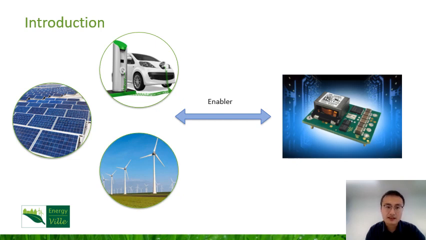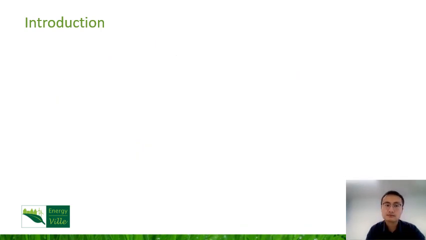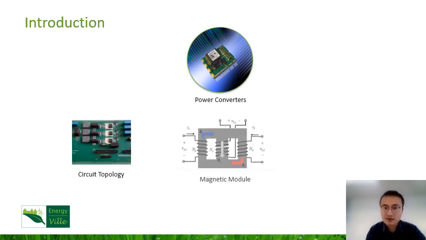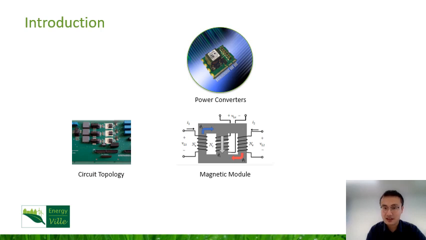However, on the other side, the new energy technologies give more strict requirements on power converter design, especially for its efficiency, its volume, or its mass. But in the meantime, in power converter design, there are many factors that affect converter performance, such as circuit topologies design, the magnetic module design, and also the choices of semiconductors and other components.